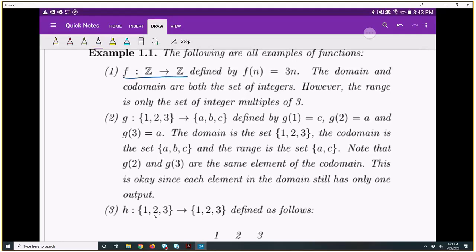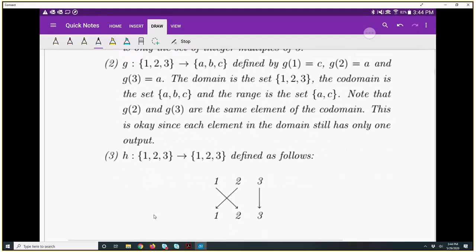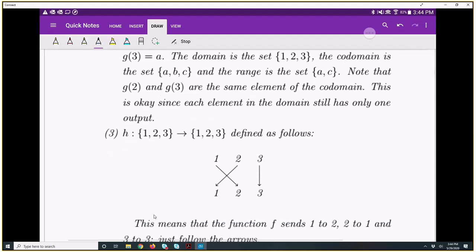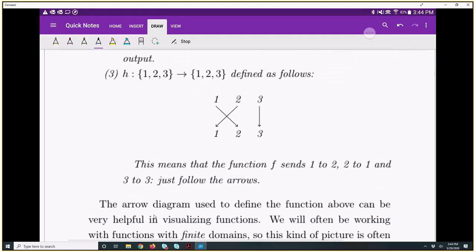So note then that g of 2 and g of 3, since they both go to a, are the same element in the codomain, and that's okay, as long as each element in the domain only gets associated to one element in the codomain. Another example is h from the set {1, 2, 3} to the set {1, 2, 3}, and we could describe the rule of the function pictorially.